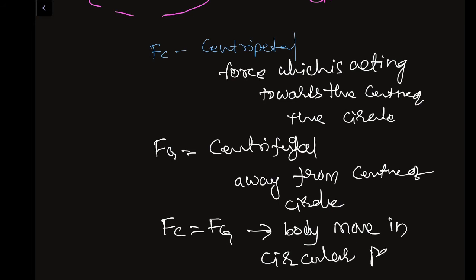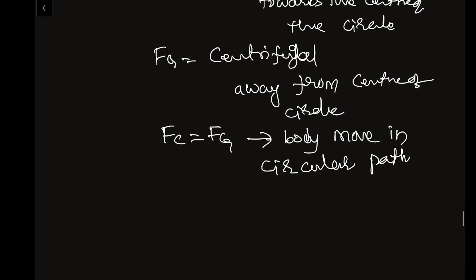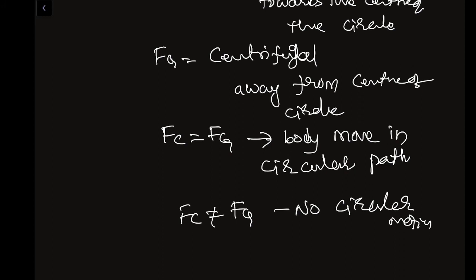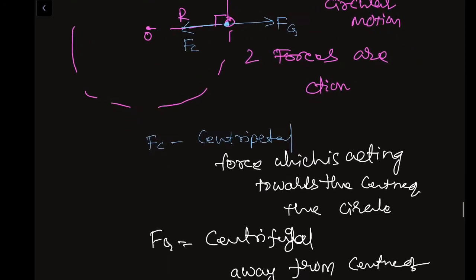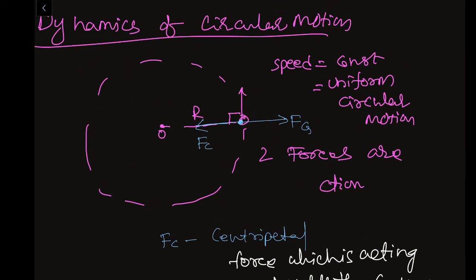Otherwise, if Fc is not equal to Fg, there is no circular motion. While a particle moves in a circular path, two forces are acting: centripetal towards the center, and centrifugal force away from the center.